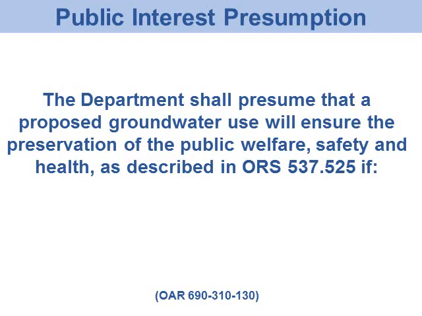So when we conduct a technical review of a groundwater application, the review is based on the public interest presumption in rule. So the department shall presume that a proposed groundwater use will ensure the preservation of the public welfare, safety, and health if that application does four things.